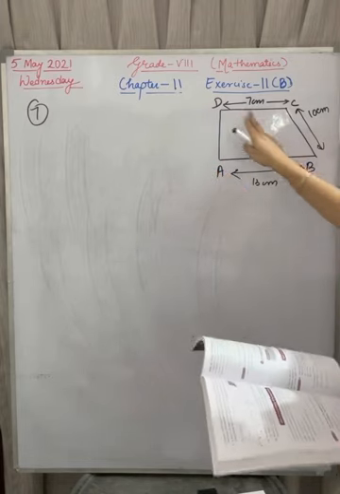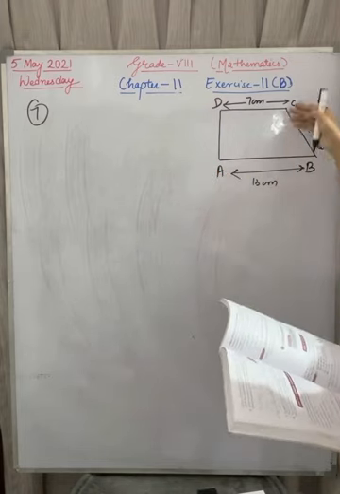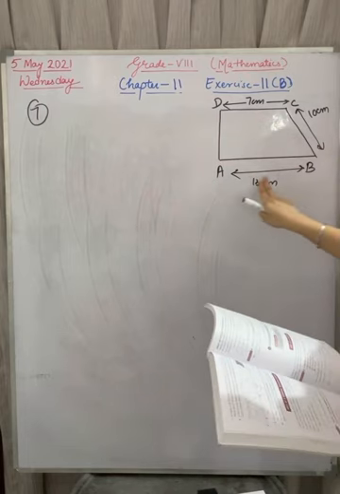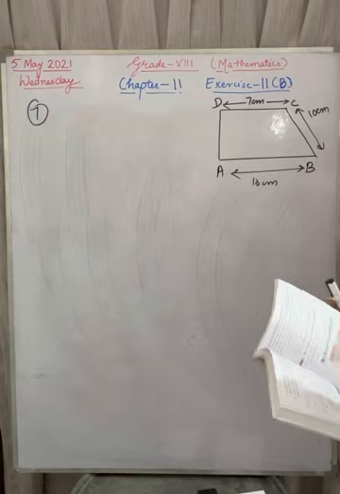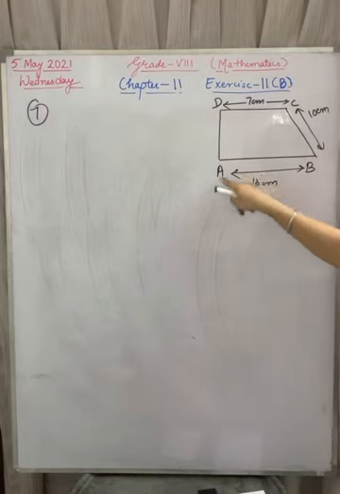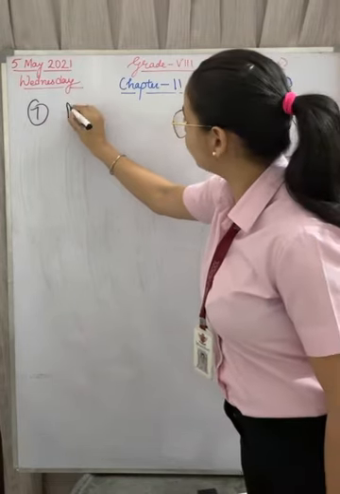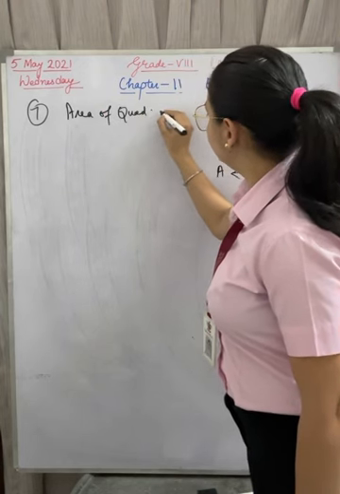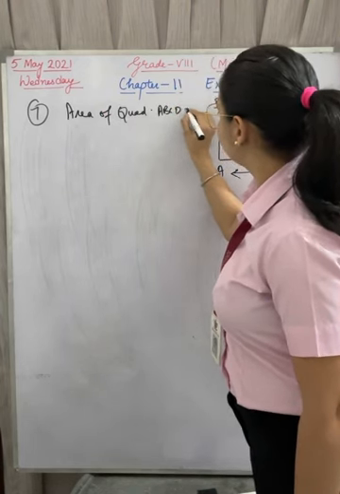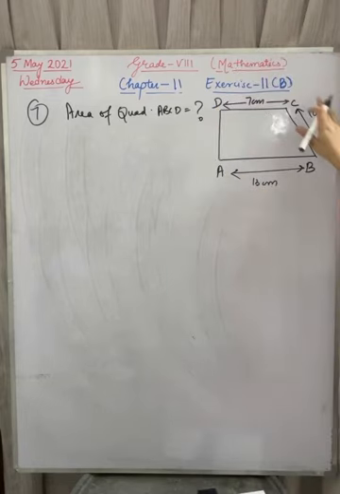If DC is 7 centimeter, BC is 10 centimeter, AB is 13 centimeter, find the area of the quadrilateral ABCD. You have to find the area of this complete figure.